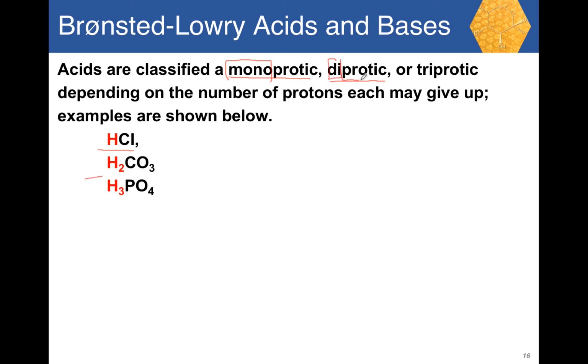Remember that protic here is just another term for hydrogen. It's actually H plus. And of course, here we have an acid can be triprotic, 3 protons. So that's triprotic acids. So look out for that. You may be asked to classify an acid as monoprotic, diprotic, or triprotic.